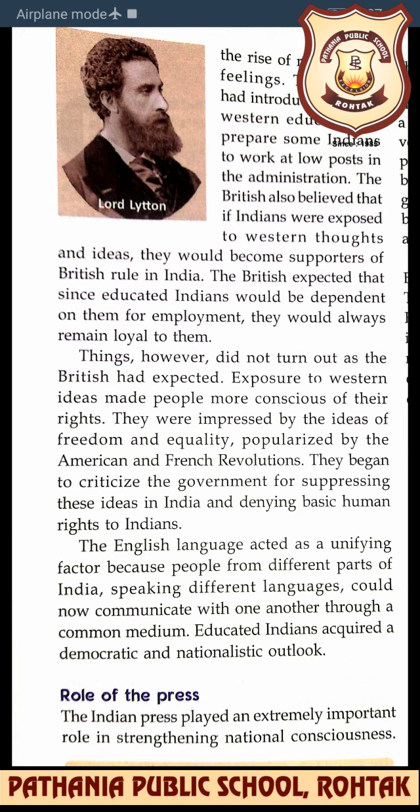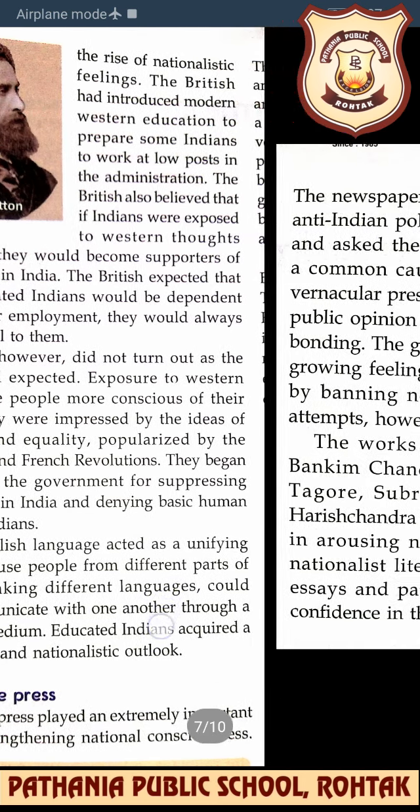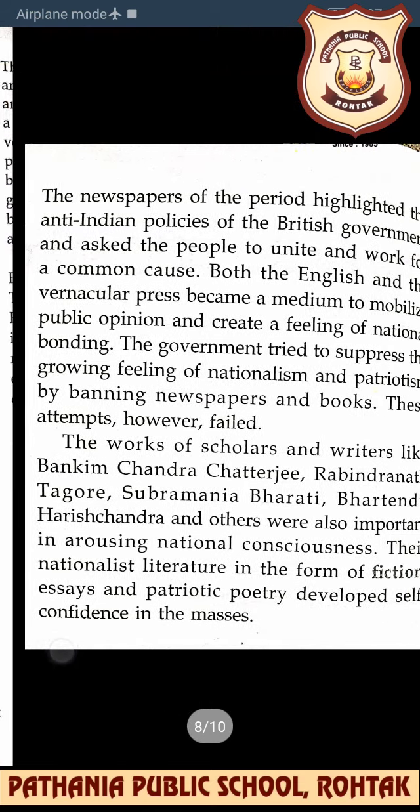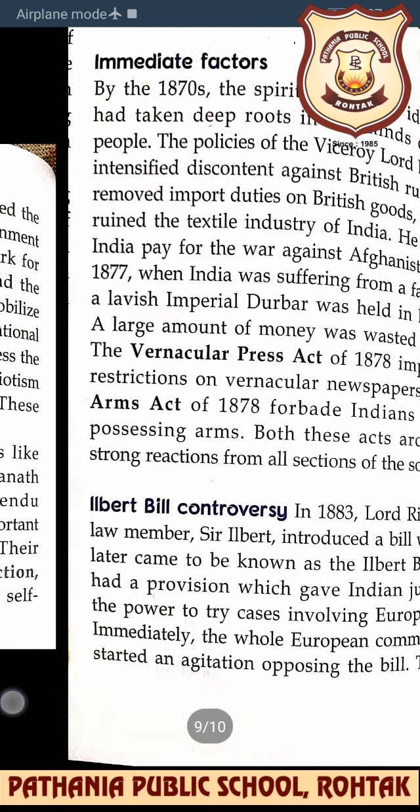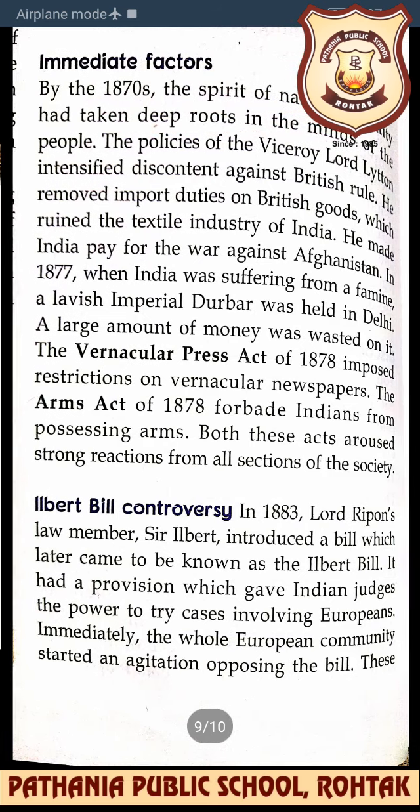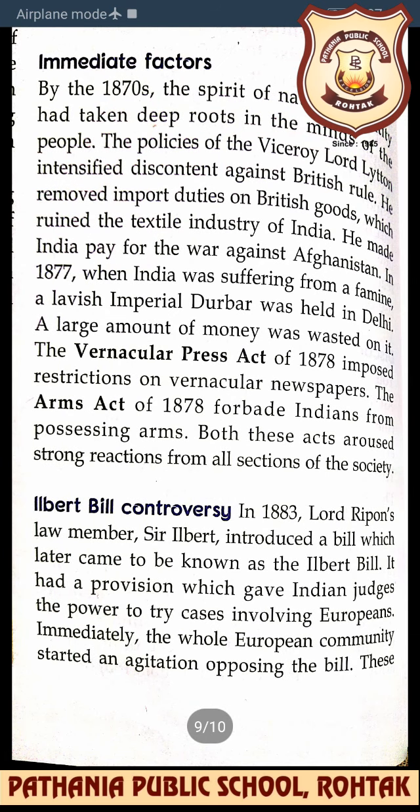Now, the other factor is the immediate factor. By the 1870s, the spirit of national identity had taken deep roots in the minds of the people. The policies of the Viceroy Lord Lytton intensified discontent against British rule.